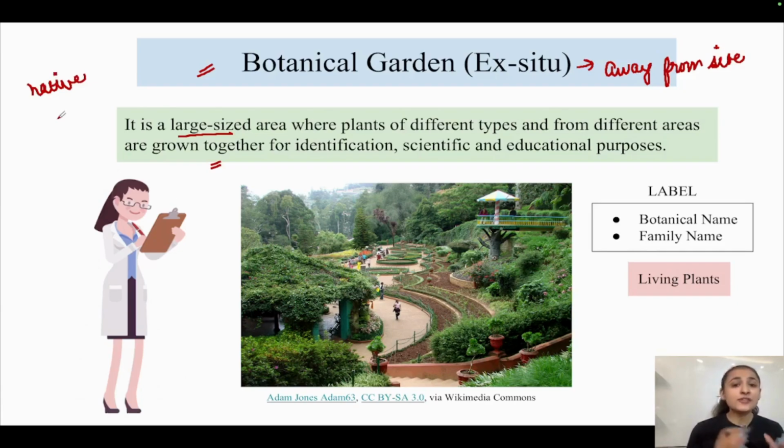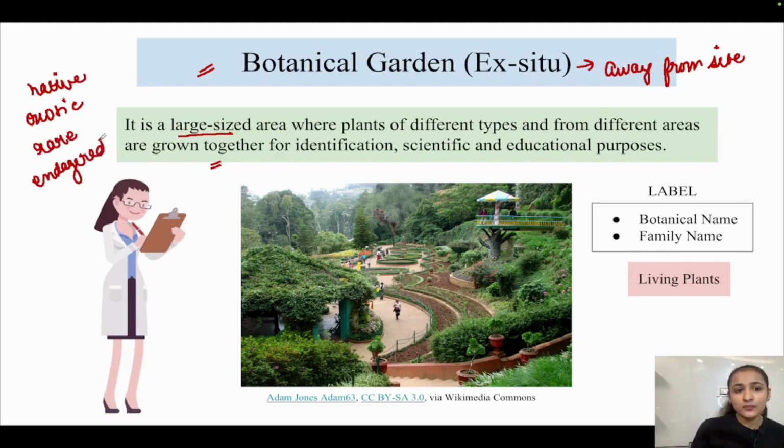For example, if Delhi has a botanical garden, it will comprise plants that are native to Delhi also. It can also contain exotic plants, that is, foreign plants. It can also contain rare and endangered plants as well. So all of these kinds of plants can be present in a botanical garden.